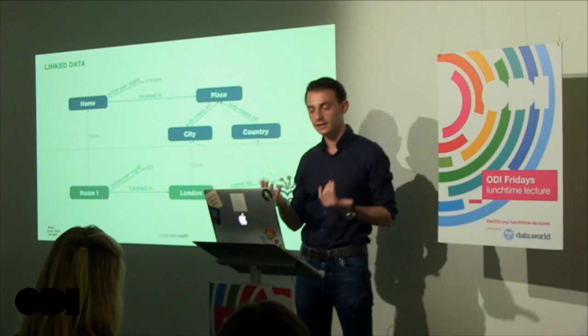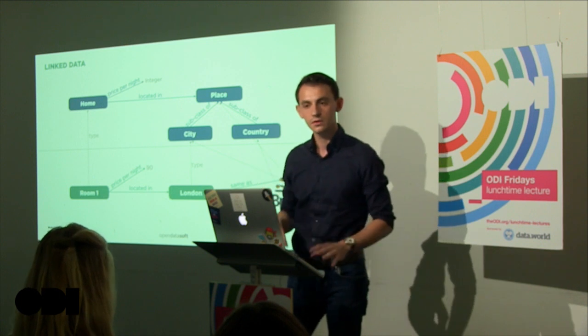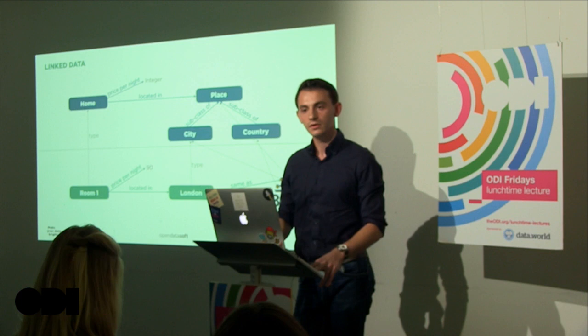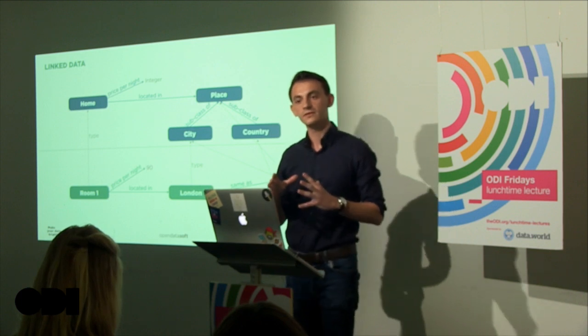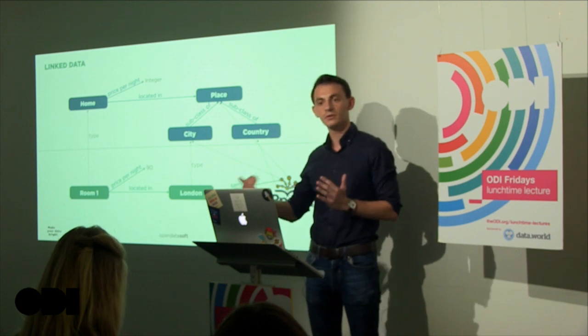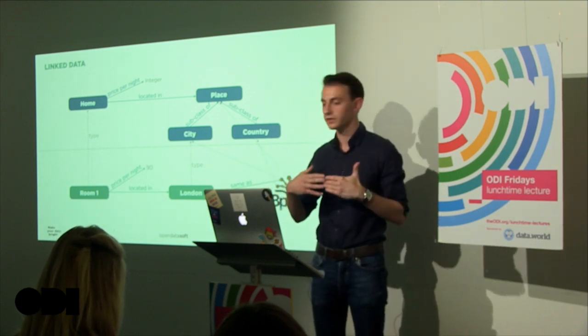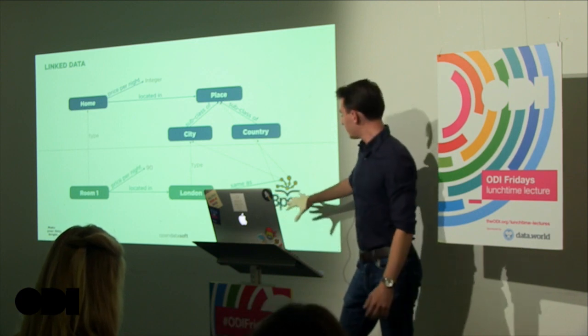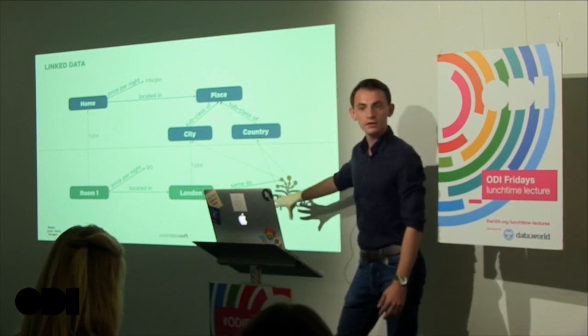But in linked data, there are other links too. For example, if you describe the same resources as another data set on the Linked Open Data Cloud, you will be linked to it. Here we have DBpedia, so Wikipedia has information about London too.